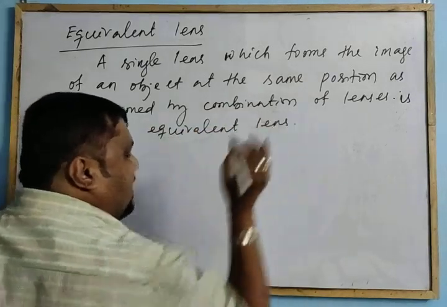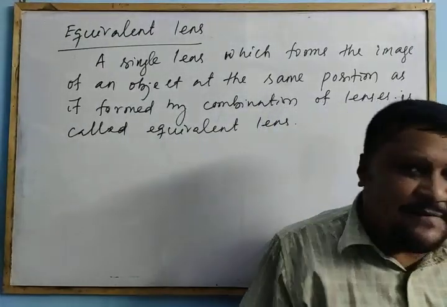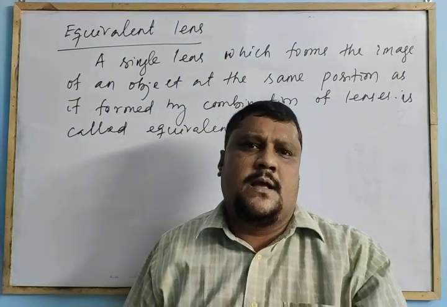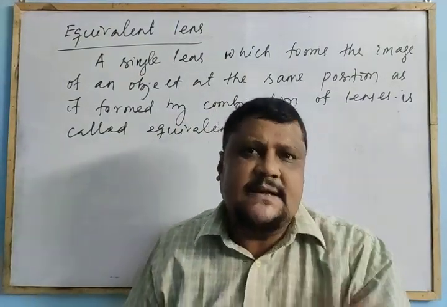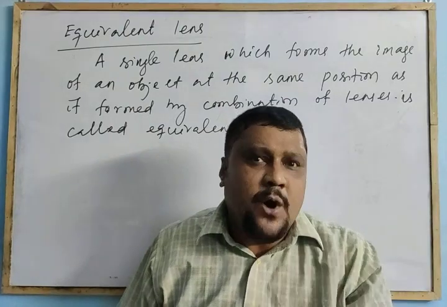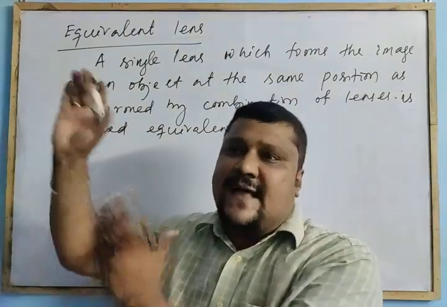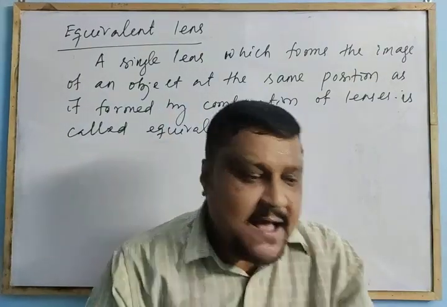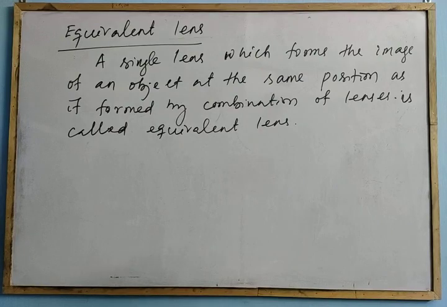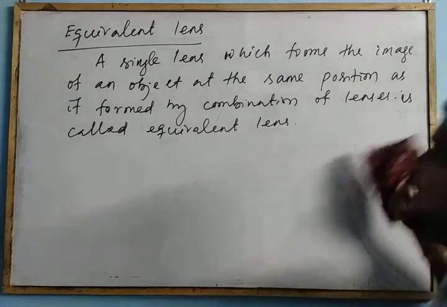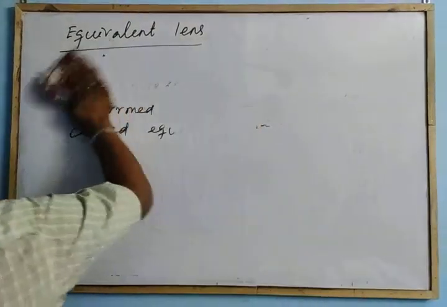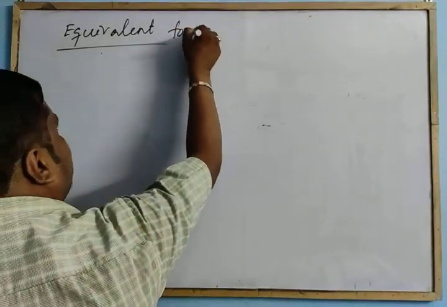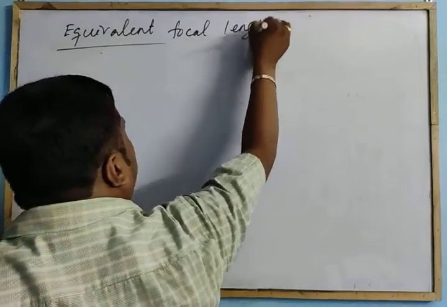But if I am using a number of lenses, their focal lengths are obviously different, f1, f2, f3, and if I am using a single other lens, its focal length should obviously be different. So how will I relate the focal length of the individual lenses with the equivalent lens focal length? That is the formula I will find. Next we will find the equivalent focal length of the combination of two thin lenses.